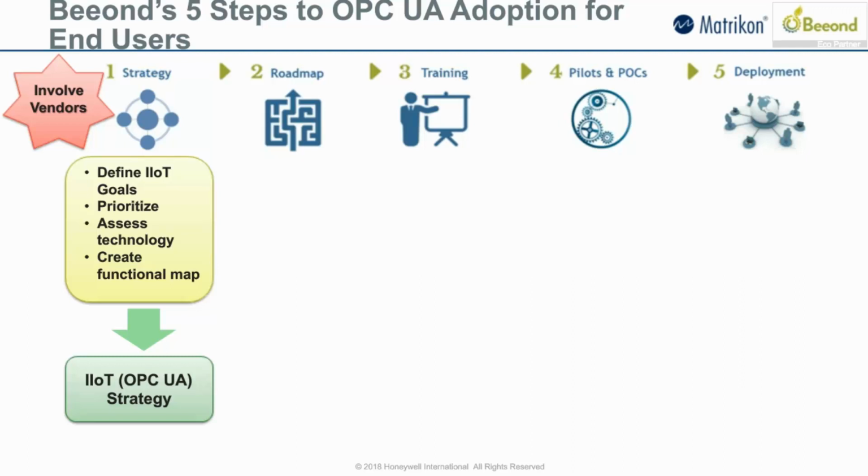I call it a functional map, basically kind of like a blueprint of your application space that you want to implement throughout your operations. Basically, just look at a high level where you are today and where you want to go, and from that, define an initial IIoT strategy based on OPC UA technology.